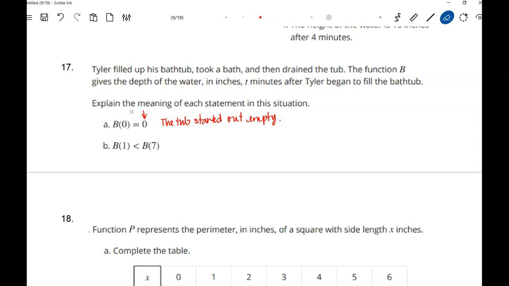B says the depth after 1 minute is less than the depth after 7 minutes. So we could say there was less water after 1 minute than after 7 minutes.